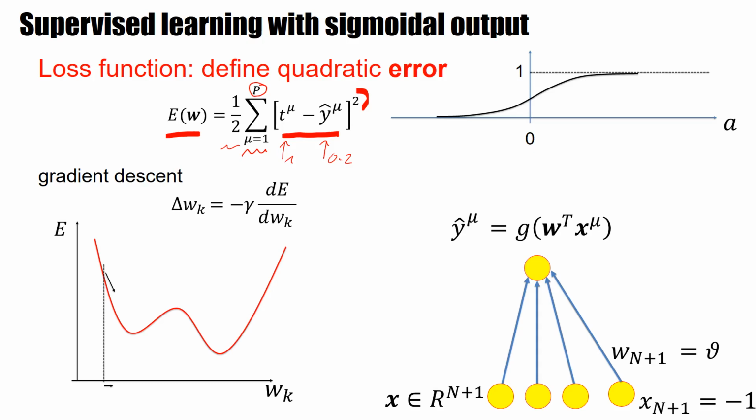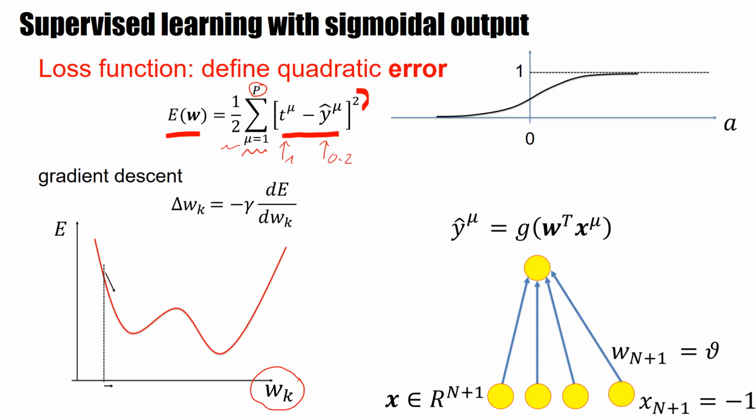And now the idea is that we change the weights such that the error gets smaller. Now we have many weights. I pick one weight k equals 3, for example, and as a function of this weight, we see that the error takes different values.